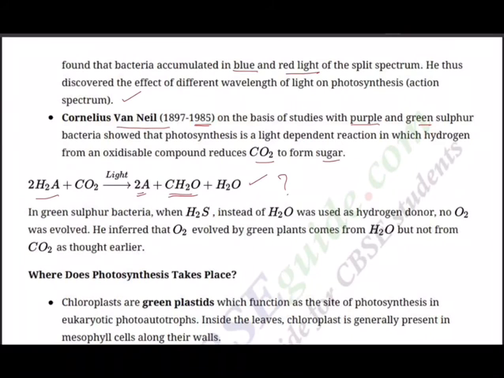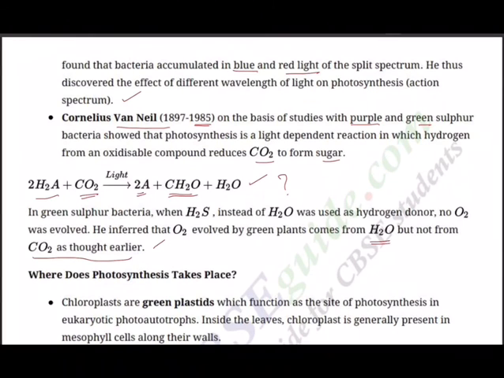Where is the O2? He inferred that oxygen evolved by green plants comes from H2O, splitting of water, but not from CO2 as thought earlier, because in the earlier days there was discussion whether the oxygen that is released at the end of photosynthesis is getting released because of splitting of CO2 into C and O2, or is it because of H2O, H plus and OH minus.